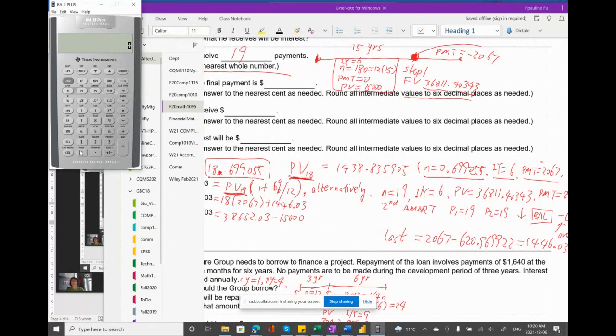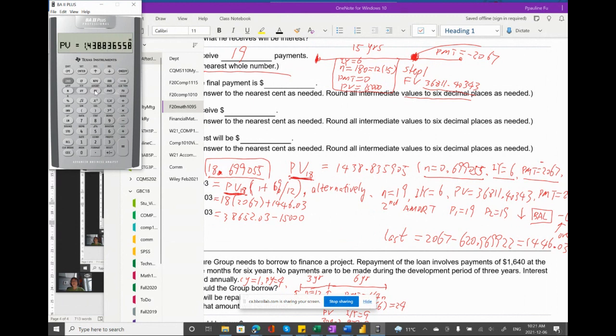Okay, so I will enter 0.699055. That is term N. Interest is 6. 2067, that is negative payment. 0 is FV.